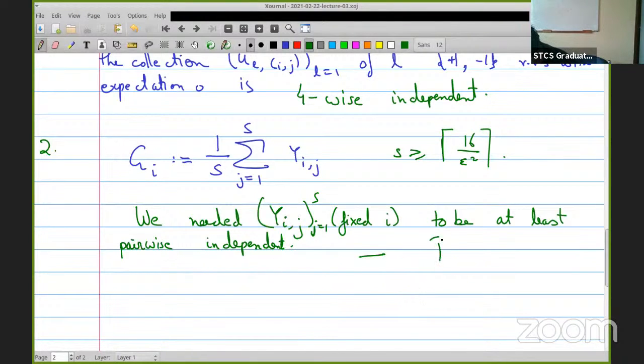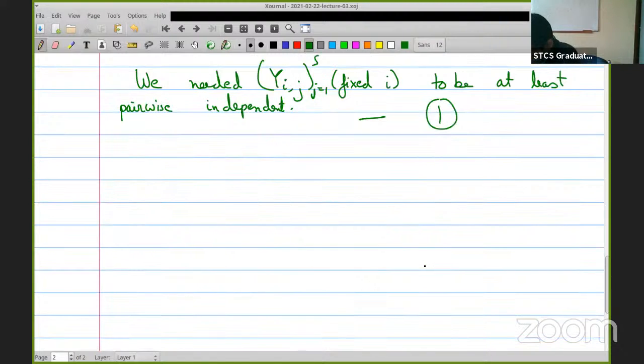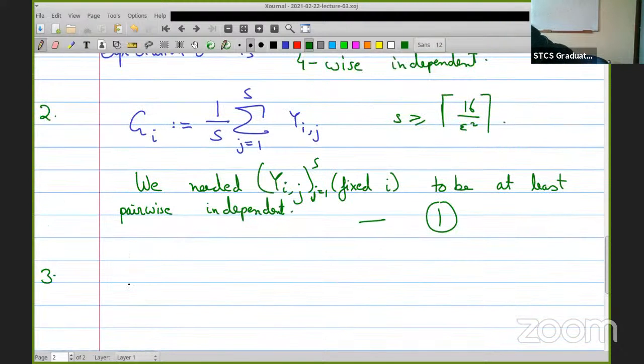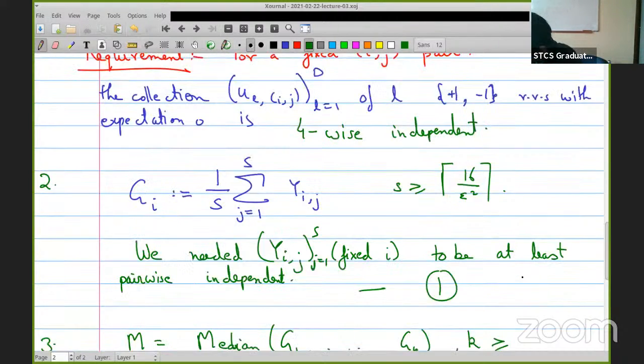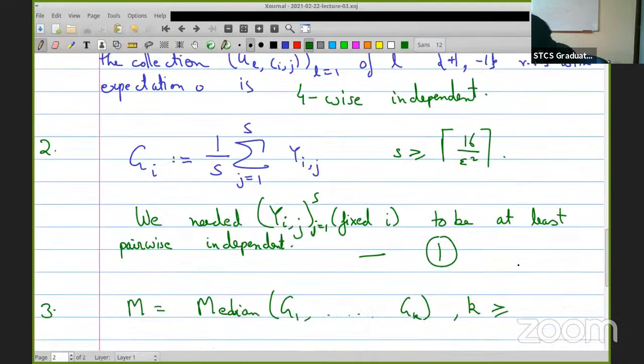So this is one requirement, and then finally the third step was taking m to be the median of g1 to gk, where k is bigger than some 32/9.